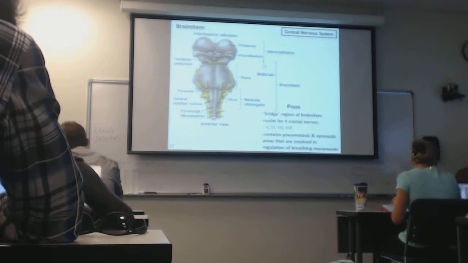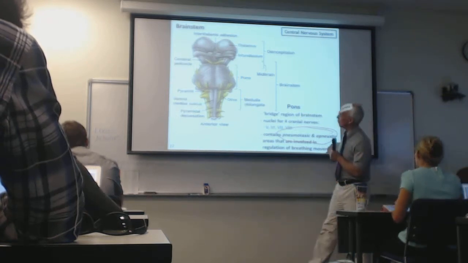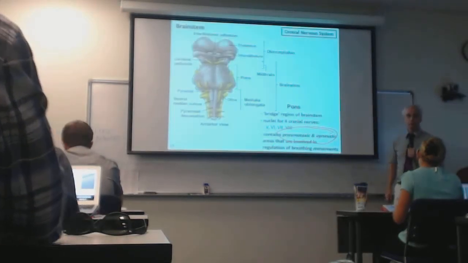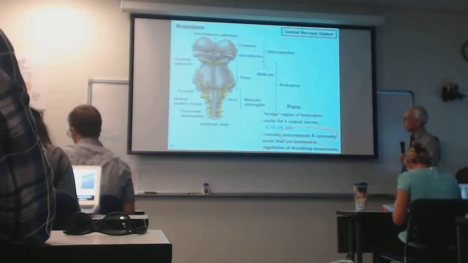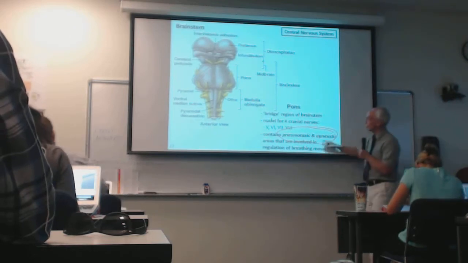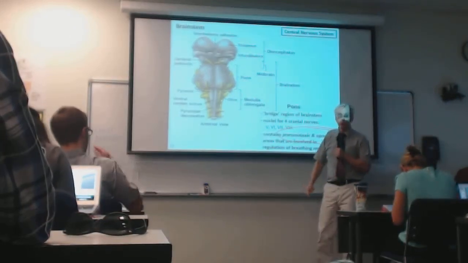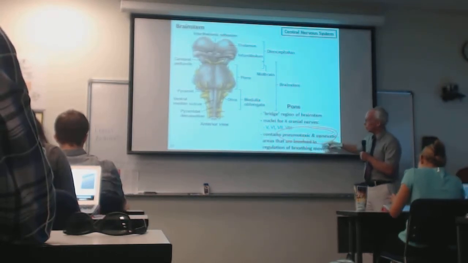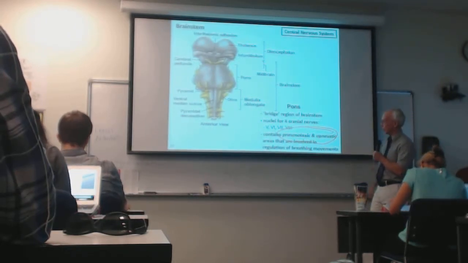And I mentioned 2 of these centers that contribute to regulated respiratory rhythm and depth. Up until a few years ago, I could give you a putative function for each of these. I've pretty much given up because the researchers that look into the pontine respiratory regions have decided we really don't know as much about them as we thought. But in any case, you should know these 2 regions, the pneumotaxic and the apneustic.